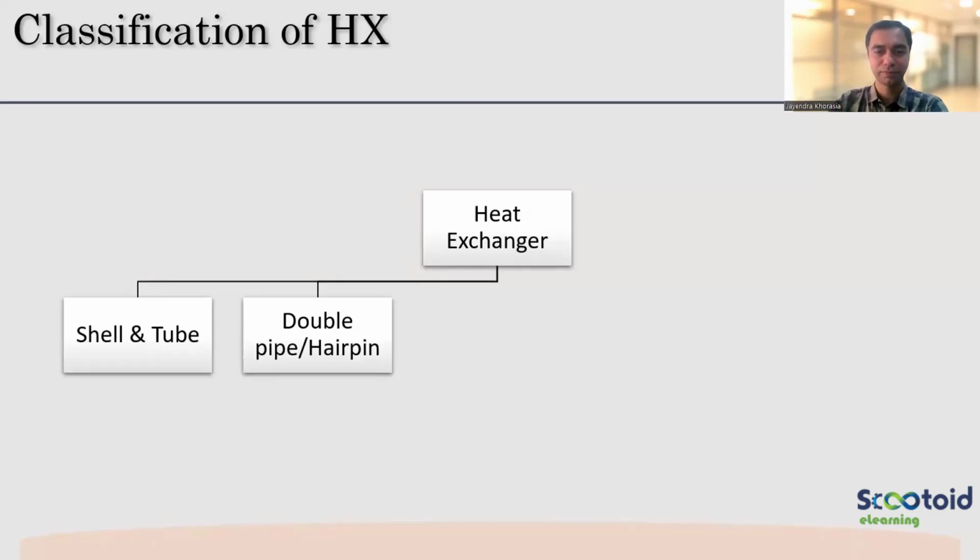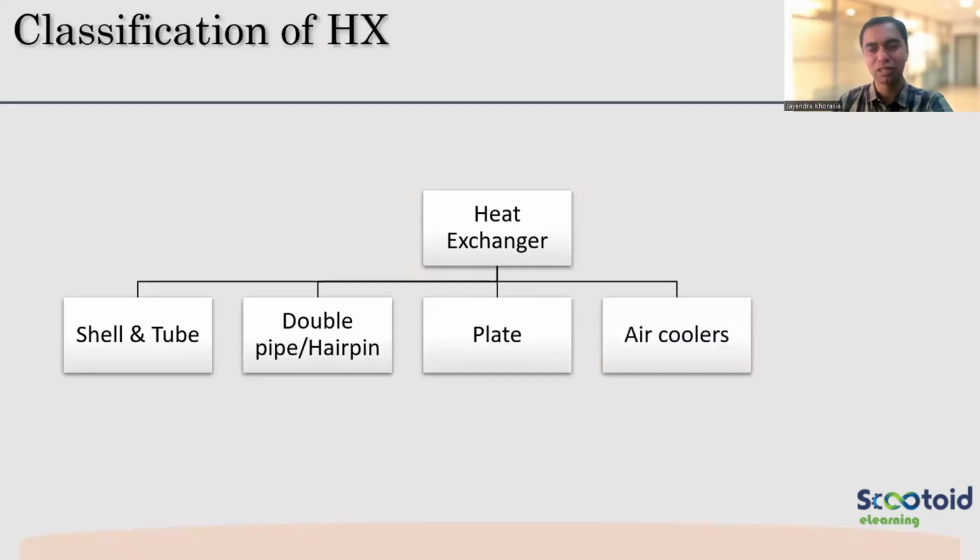Okay, helical coil. Plate is right. Fin tube heat exchangers. Cross flow mixed. Air cooled. So, different names. Now there is one more: electrical type. These are some of the classifications of heat exchangers.